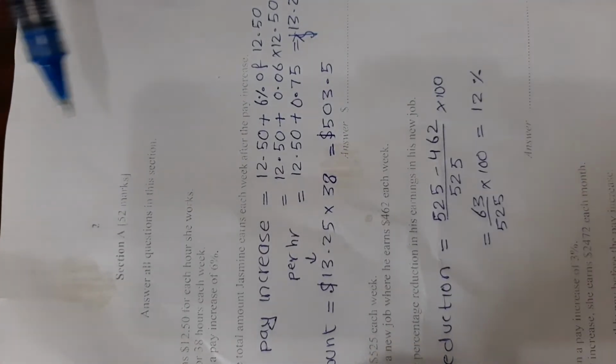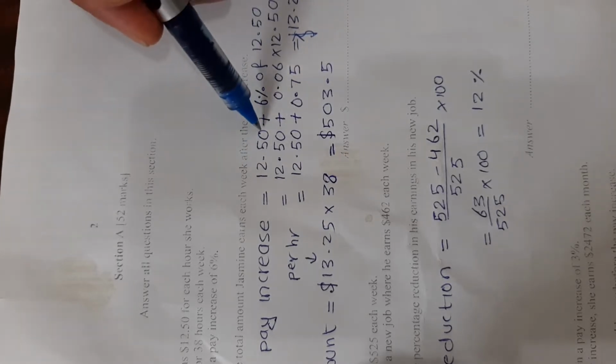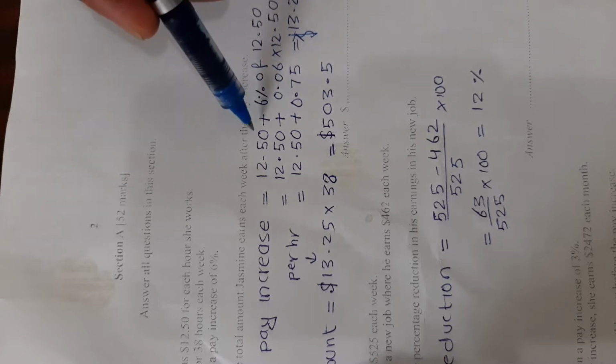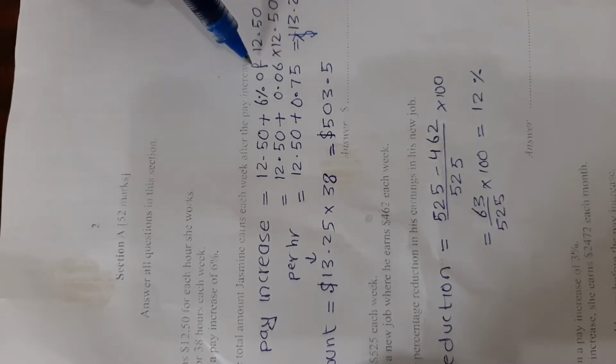Now, as given, her previous salary is $12.50 per hour, and this is increased by 6%. So a 6% increase in 12.50 is 12.50 plus 6% of 12.50.